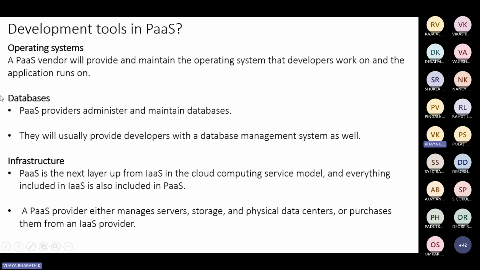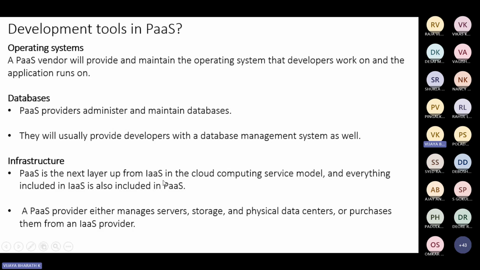Operating system, you all know pretty well. PaaS vendors will provide and maintain the OS as well, as the developer works on the application which is going to run on top of the operating system. PaaS also provides databases and administers them; as a software, you can directly launch a database and use it.